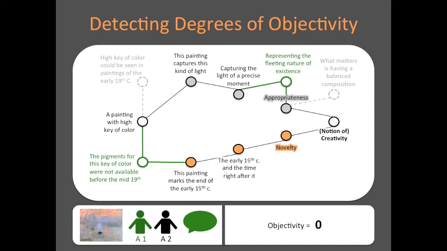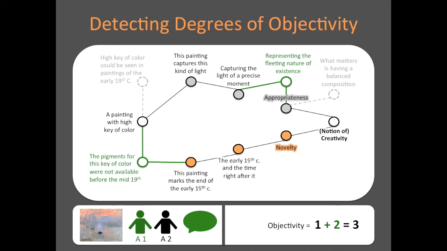Of note, we once again have a connection with the notion of creativity. But this connection is not quite the same as before, for it now includes two additional elements of objection. So the level of objectivity is now 1, just like before, plus 2, so 3. So this is basically how the objection counting technique works.